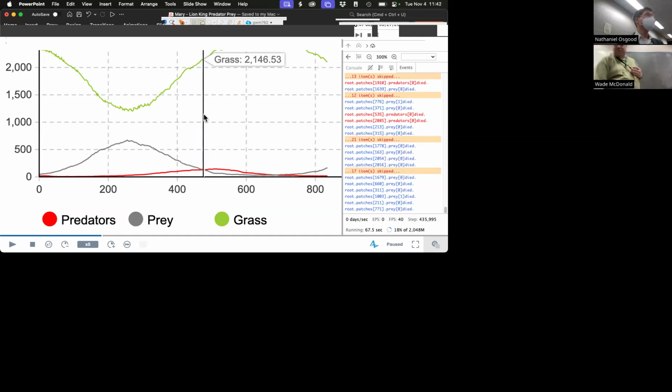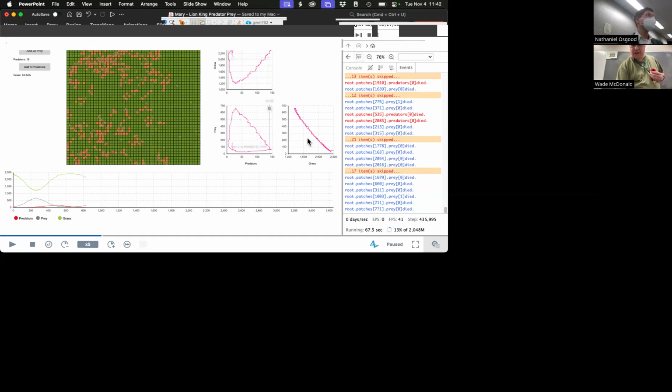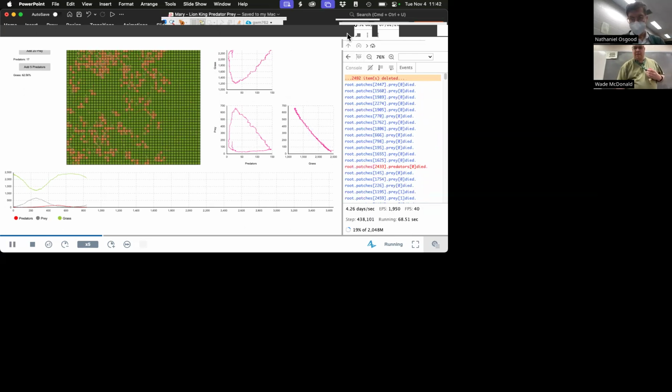So I'm going to run this model some more. I'll zoom out here, and I'd like you to pay attention to these graphs on the right. We'll let it go for a couple cycles.